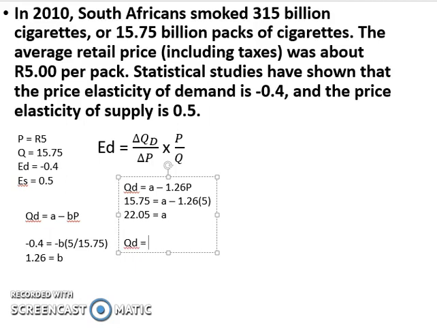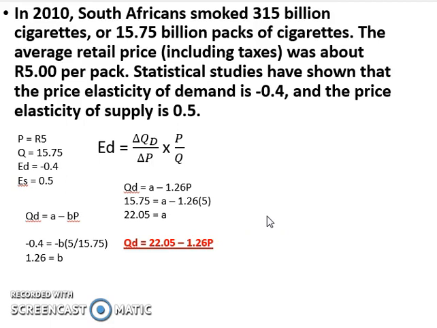So quantity demanded equals 22.05 minus 1.26P, and this is our final answer. So this is the demand equation. There we go. The first one we have done.